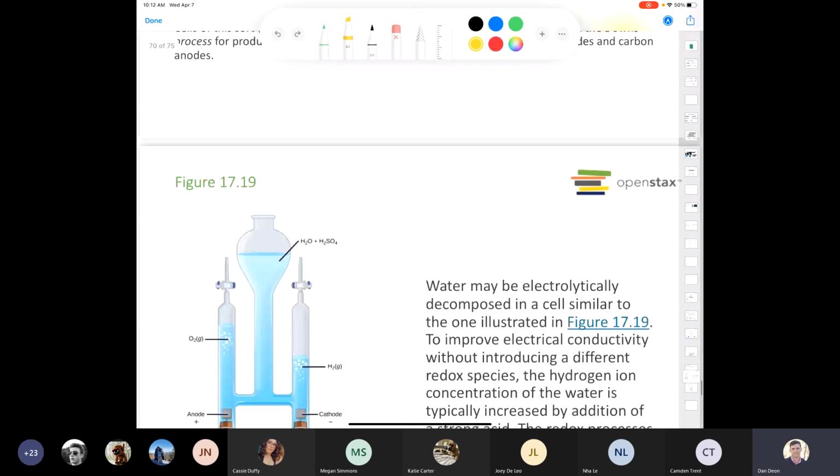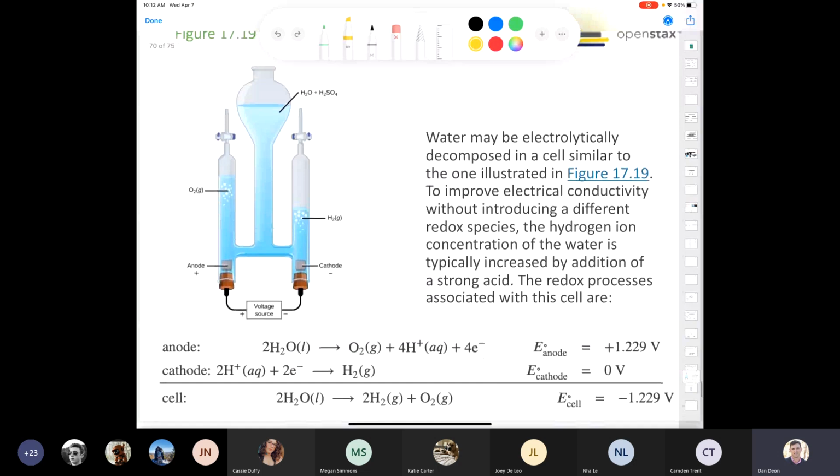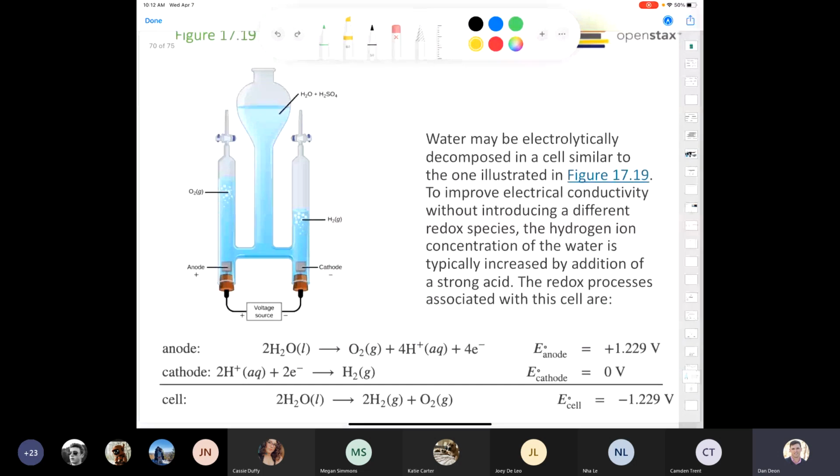Anyhow, let's move on from there and let's talk about the electrolysis of water. This is a figure that comes directly from your textbook. And I mentioned this a couple times to you throughout the semester that I went to high school with a couple of cats who tried to do the electrolysis of water, because when you perform electrolysis on water, what happens is at the anode, you have an oxidation reaction occurring, right?